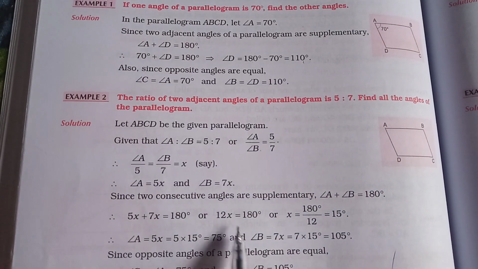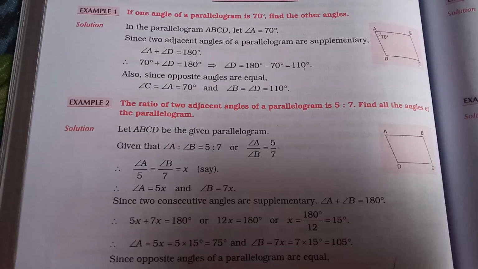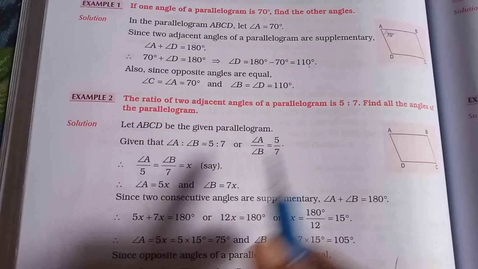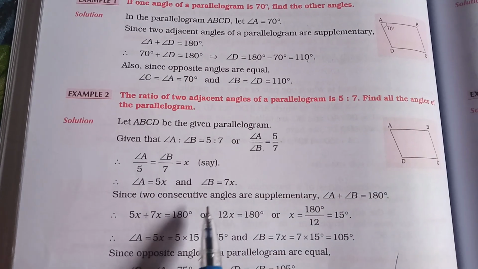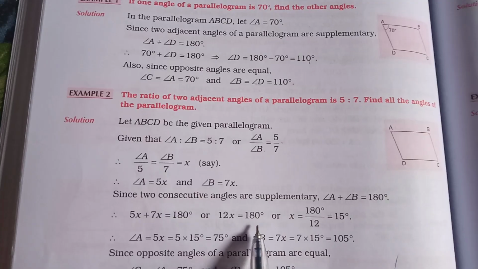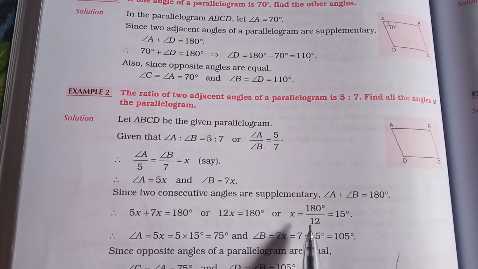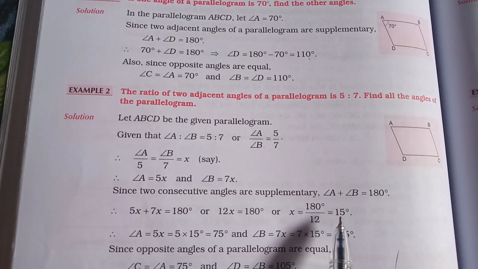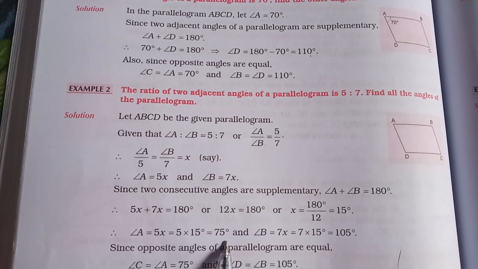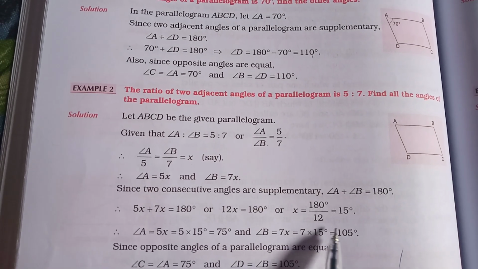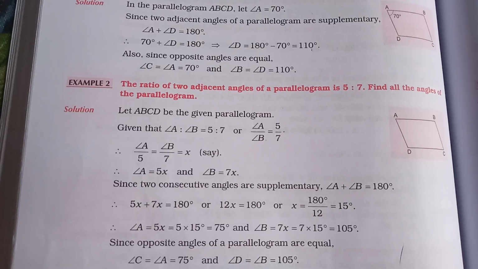So 5x plus 7x is equal to 180 because adjacent angles of a parallelogram are supplementary. So 12x is equal to 180, x is equal to 180 upon 12, that is 15 degrees. Now A is equal to 5x, that is 75, and B is equal to 7x, that is 105 degrees.